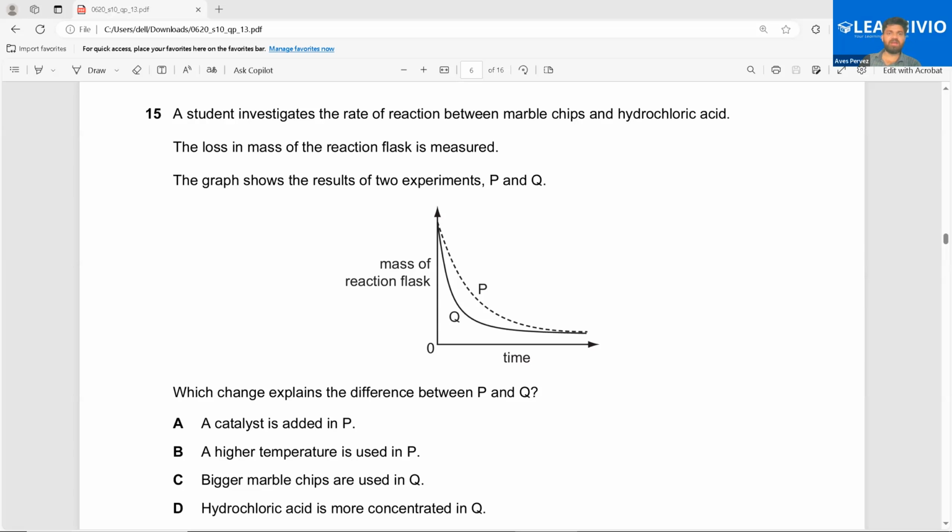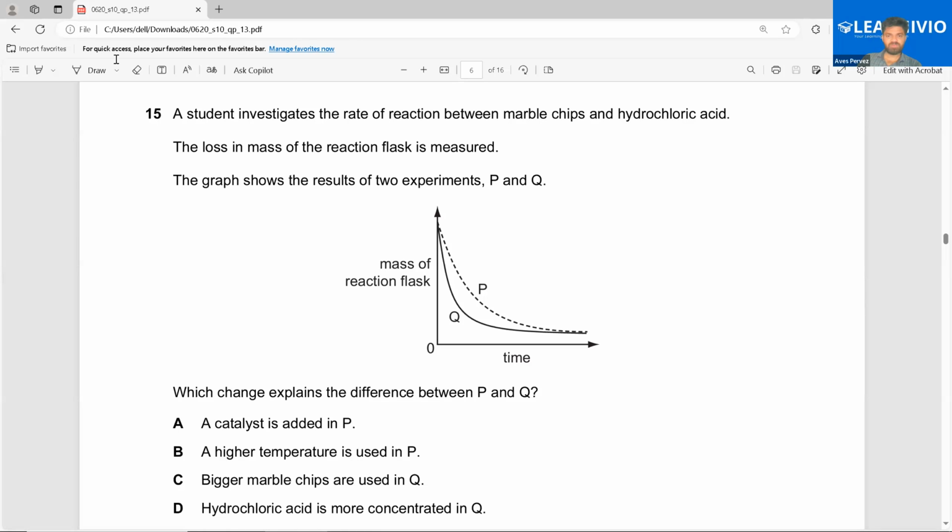The mass of the reaction flask is measured. The graph shows the results of P and Q. Here is mass, okay, time. A catalyst is added in P.